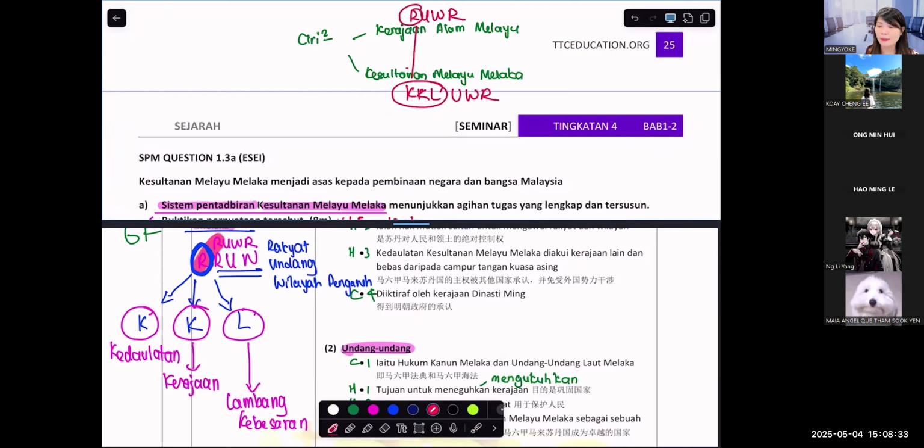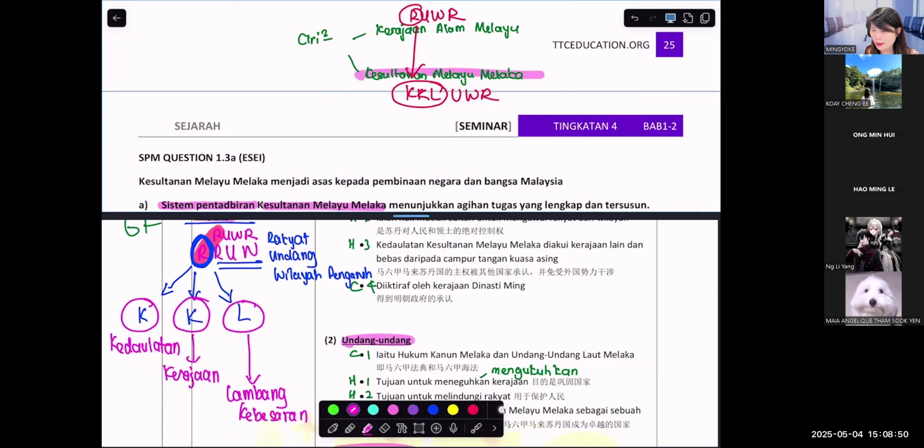So you all have to exactly take note of the difference. If you cannot catch it, use the highlighter, highlight the key point. So this is the key one, Kesultanan Melayu Melaka. Okay, like that. All right.